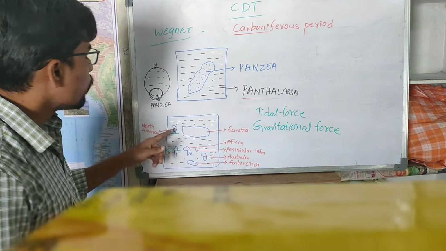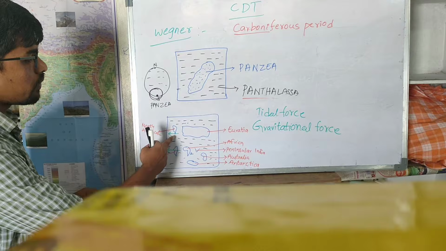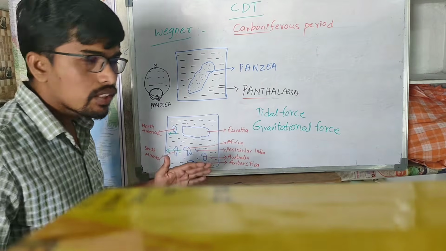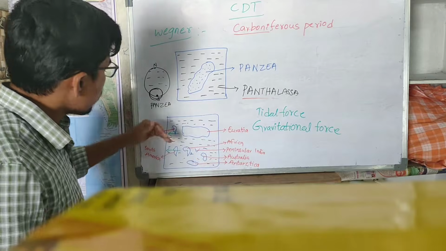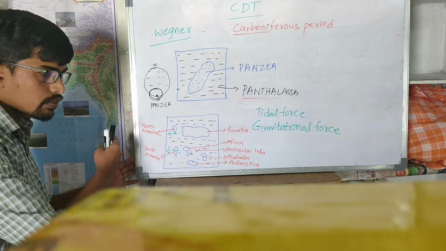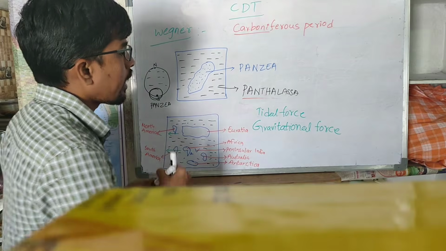caused the westward movement of North America and South America after the breaking of the huge land masses. The drifting of North America and South America towards the west is due to the tidal forces.